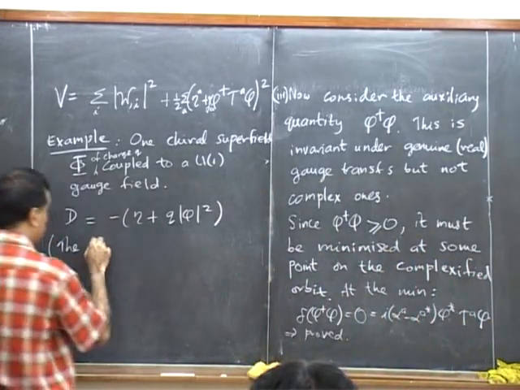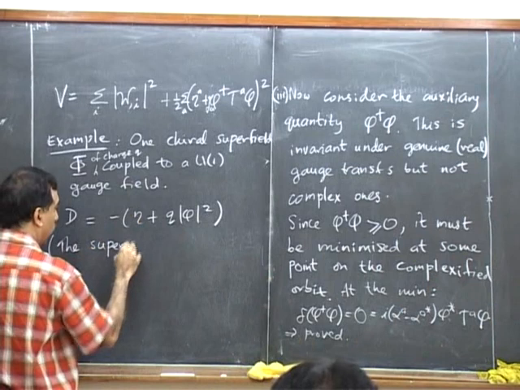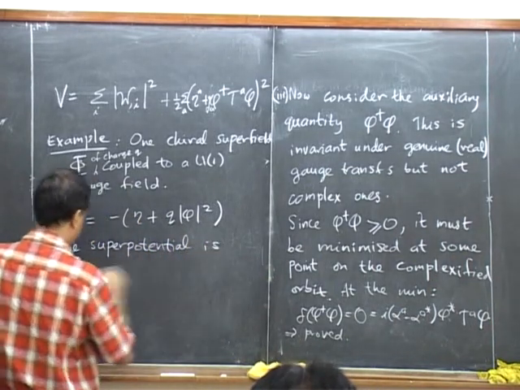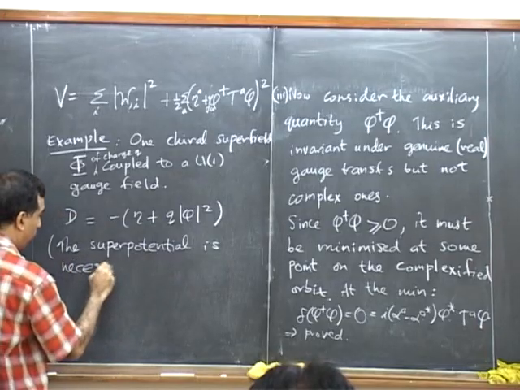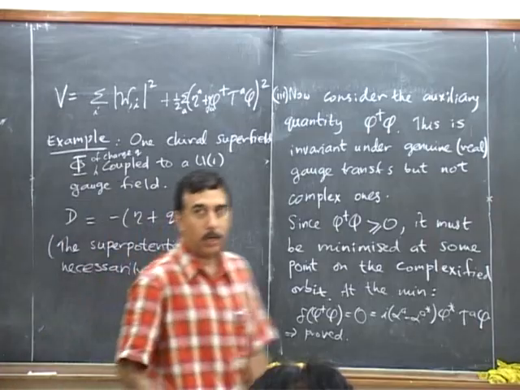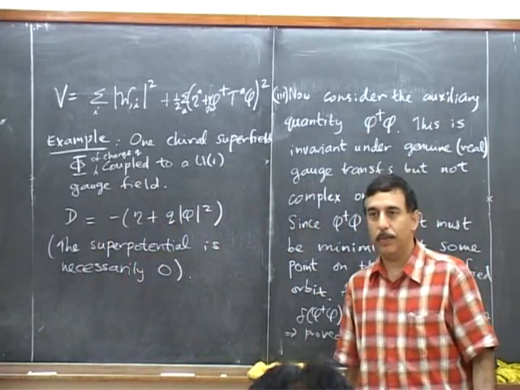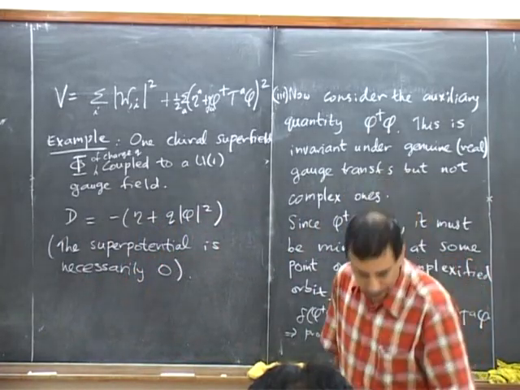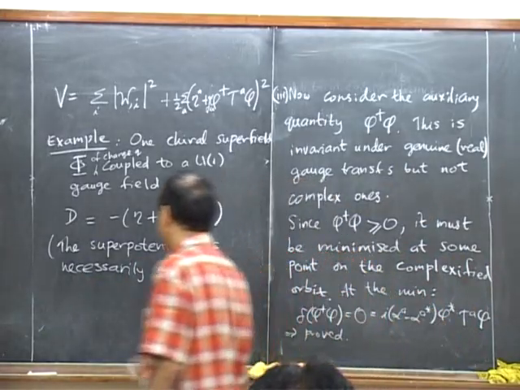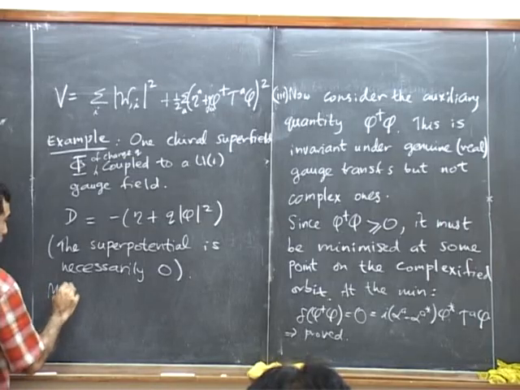So here, the superpotential is necessarily 0 in this model. You can't write down a gauge invariant superpotential for one charged chiral superfield. Now, minimizing the D term is easy.